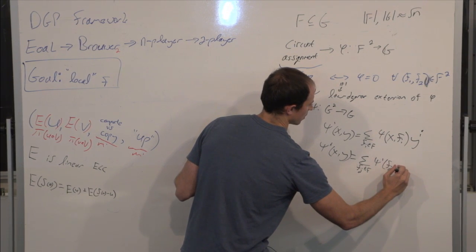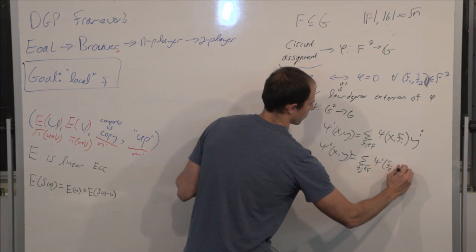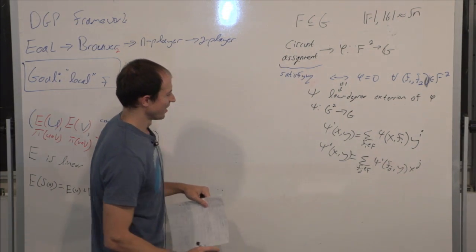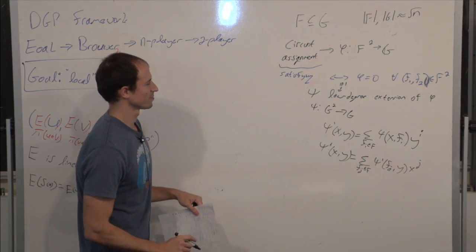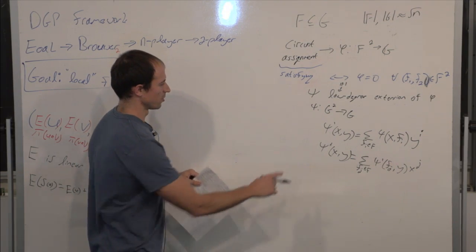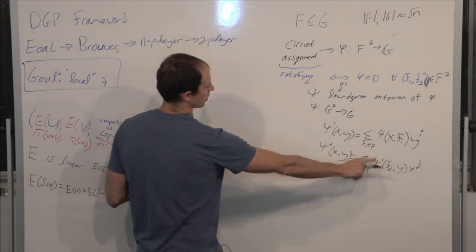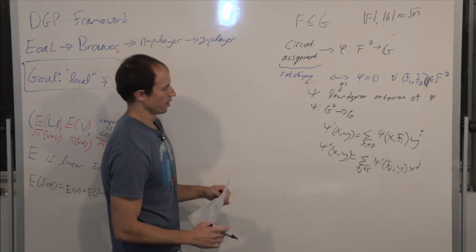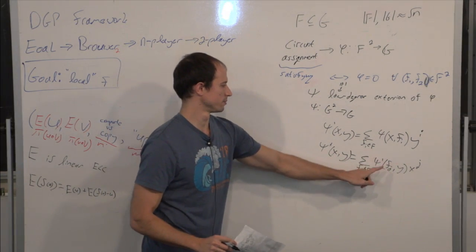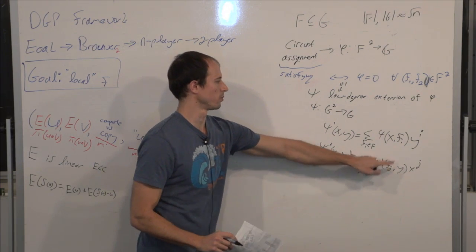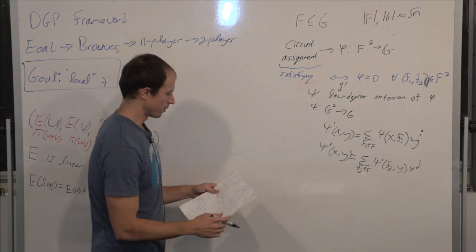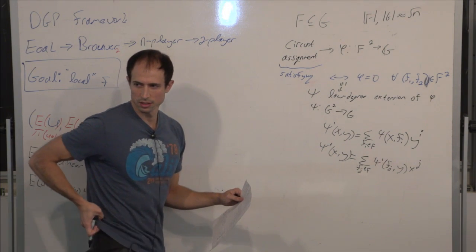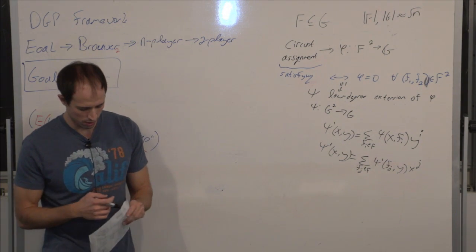y x to the j. Yeah, so C double prime does the same thing as C prime, and I replace the roles of x and y, and the reason this is good: these are just the projections of the original polynomial on the rows and on the columns.